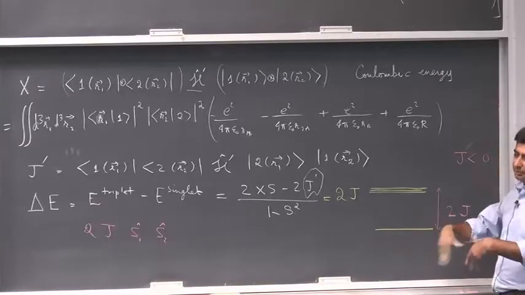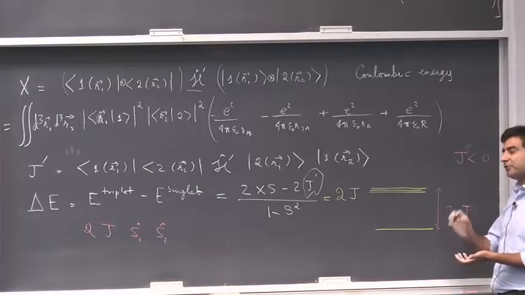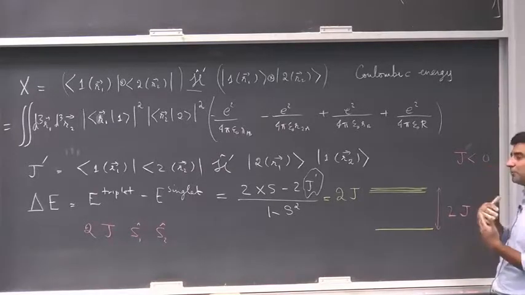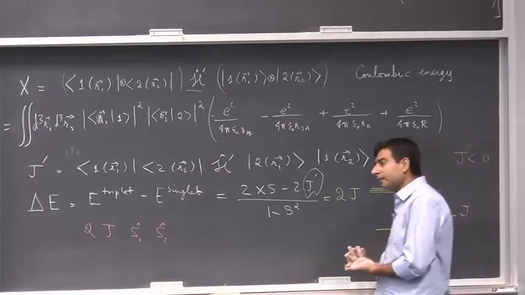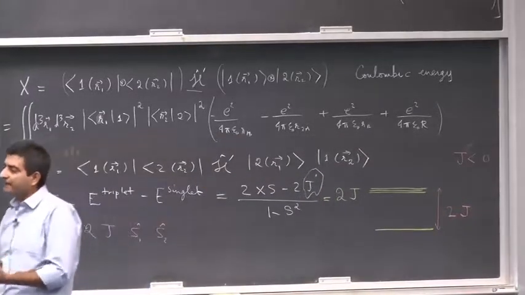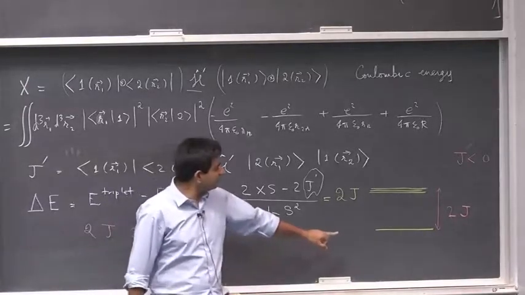For the helium atom, it was the other way around. So depending upon the sign of J, you can get ferromagnetic or antiferromagnetic alignment. It all depends upon the sign of J. So even in molecules, the spin has an important role to play. Whenever a bond is formed, the electrons prefer to be in the singlet state.